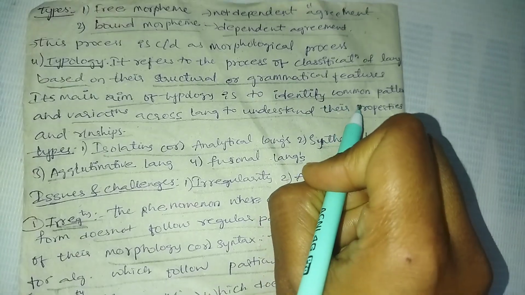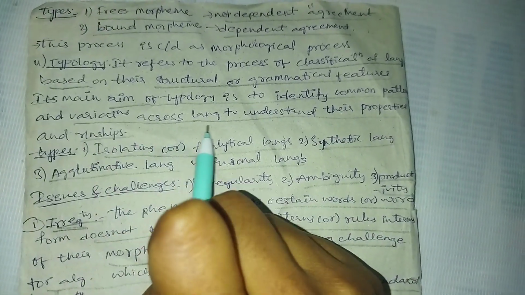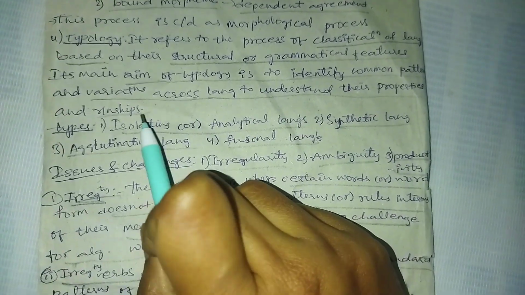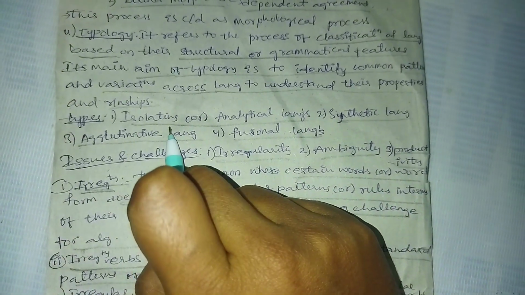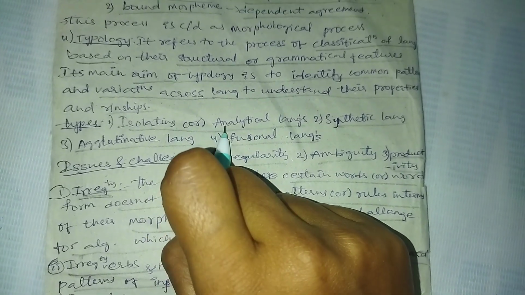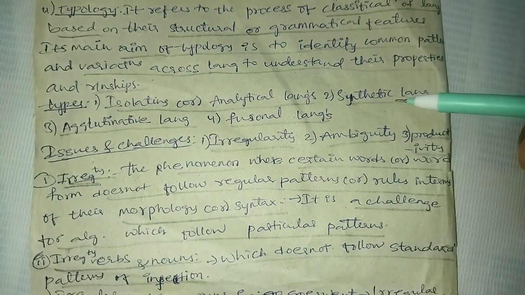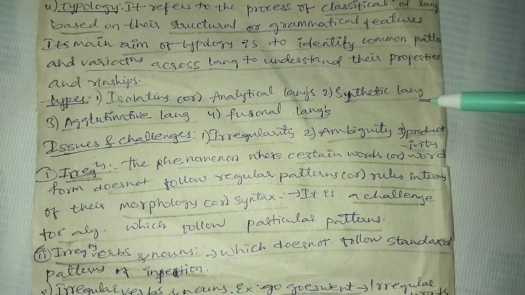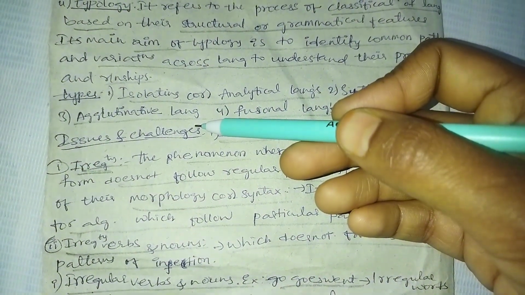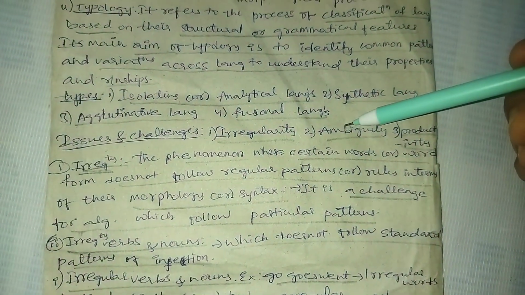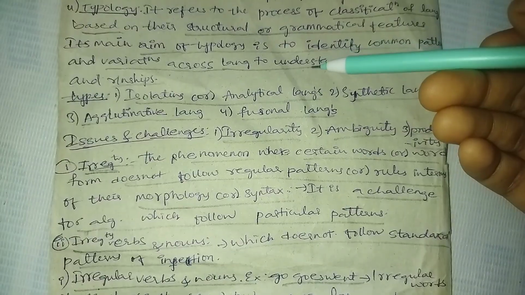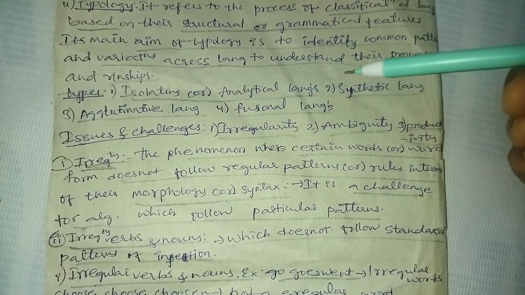Like identifying common patterns and variations across languages to understand their properties and relationships. The types we have are isolating, analytic language, these two are the same, synthetic language, agglutinative language and fusional language. These are the types. Just remember the names. No need to write these in depth.